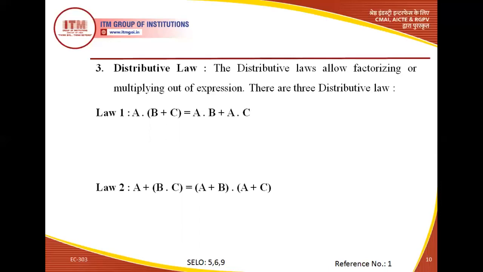The first law states that A or B and C, that is A dot (B plus C), is equivalent to A and B or A and C. Similarly, A or B and C is equivalent to A or B and A or C.